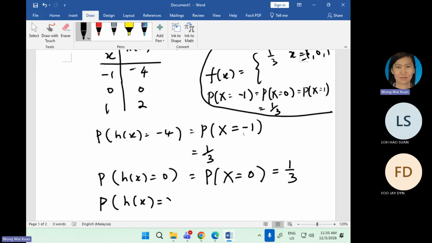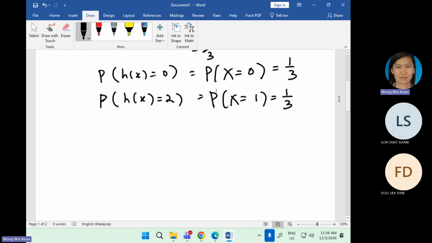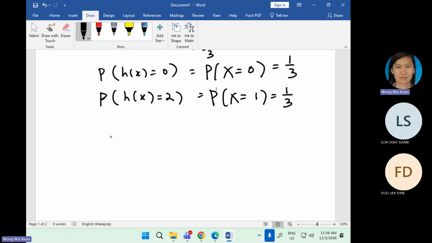So my h(x) can take value 2, and 2 is when my x equals 1. And what's the probability? It's just 1 over 3. But my question is, please give me the PMF. So, therefore, the answer I need is f of h(x). Okay? So maybe I make it this way.